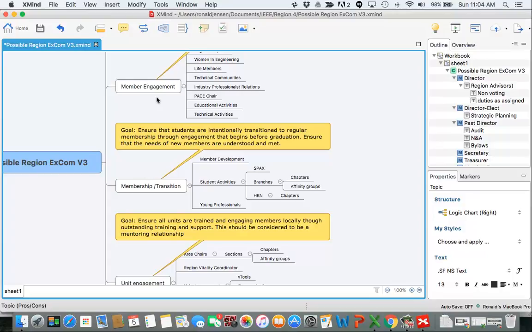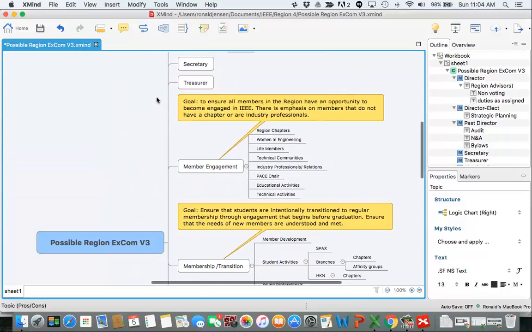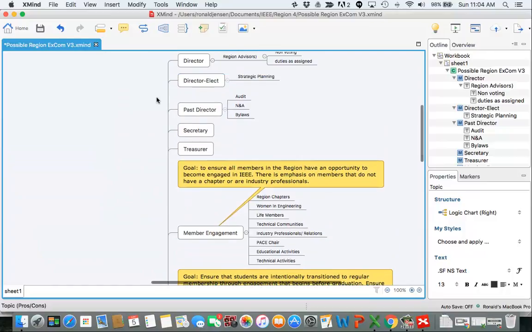Our next step is to change the job descriptions, and I don't see that as a tremendously big job because the positions at the top, the region director, director-elect, past director, secretary, and treasurer, will all stay the same.